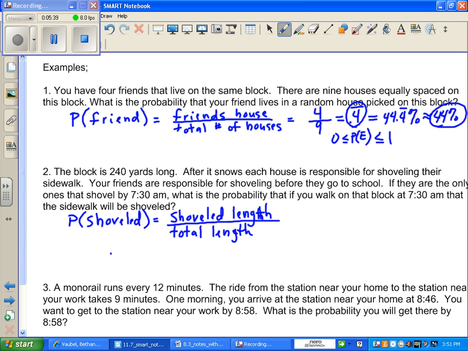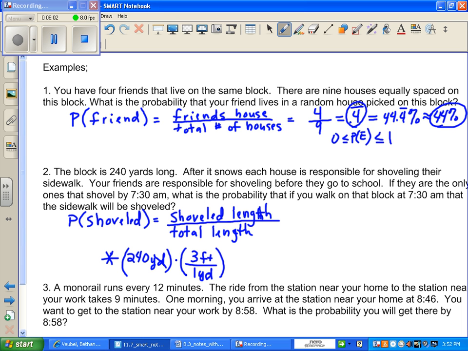So, little sidebar here. You have 240 yards. I'm going to convert that into feet. To do that, I'm going to multiply using unit analysis. I have yards in the denominator. I want them to cancel. 1 yard is equivalent to 3 feet.